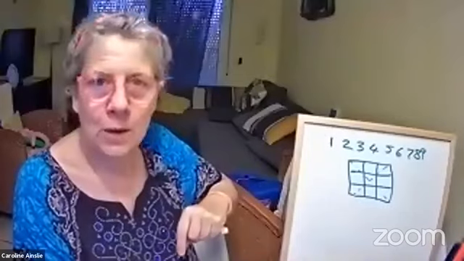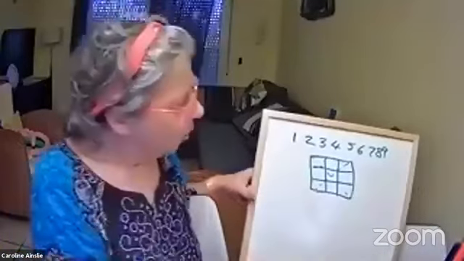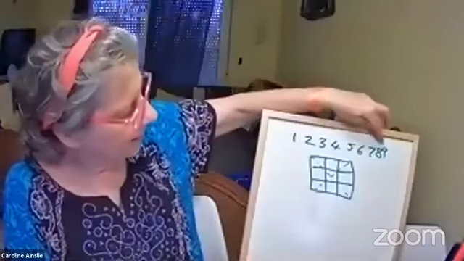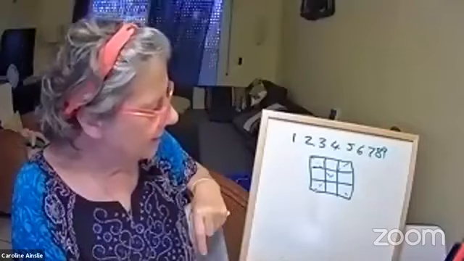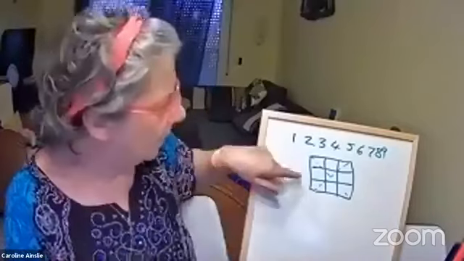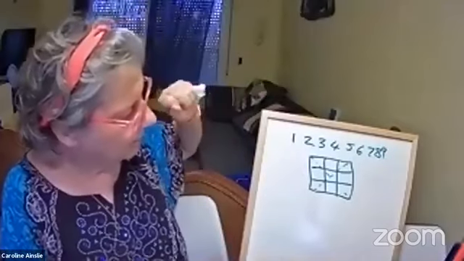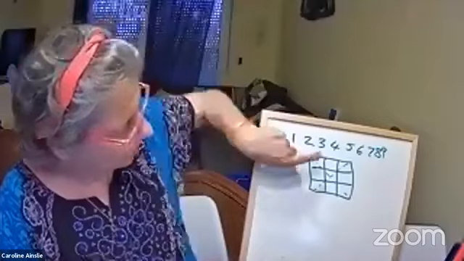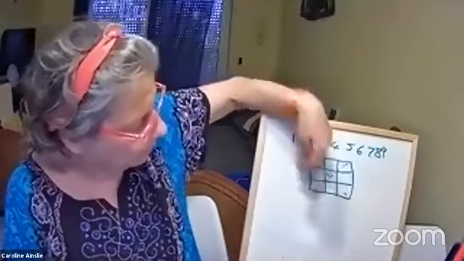It's a magic square. Now, what's magic about a magic square? Using these 9 numbers, you've got 9 spaces within the square. Within that, you've got to use all 9 numbers, and you've got 1, 2, 3 columns, 1, 2, 3 rows.